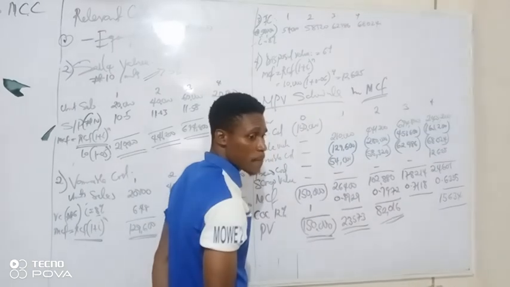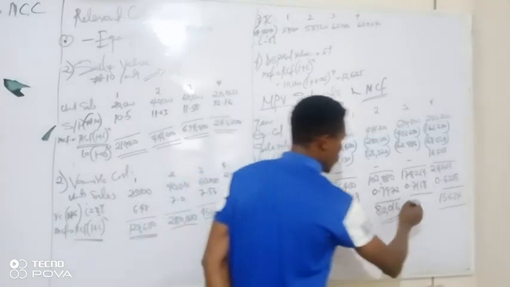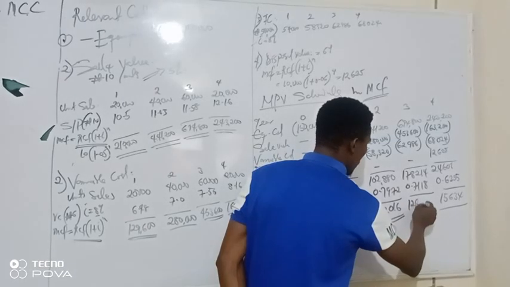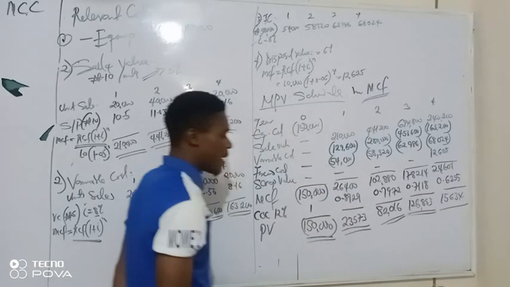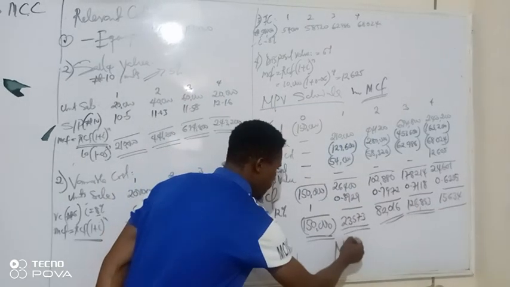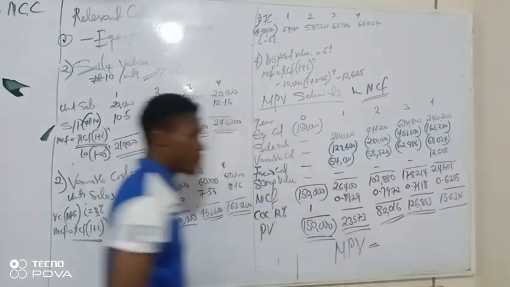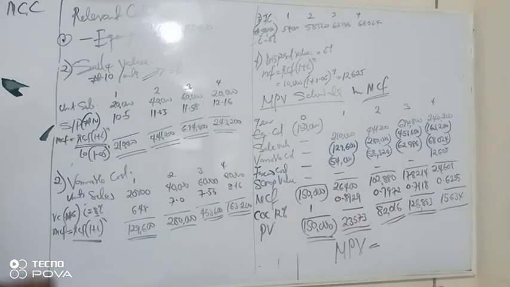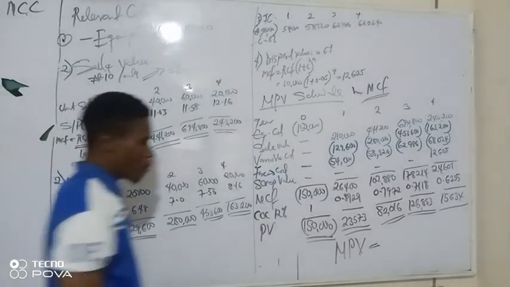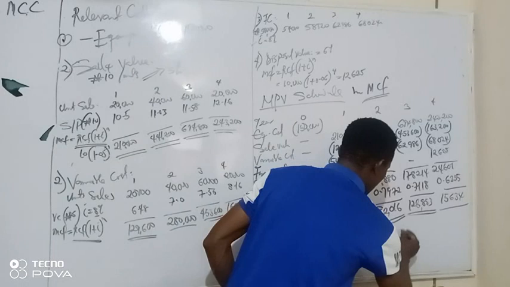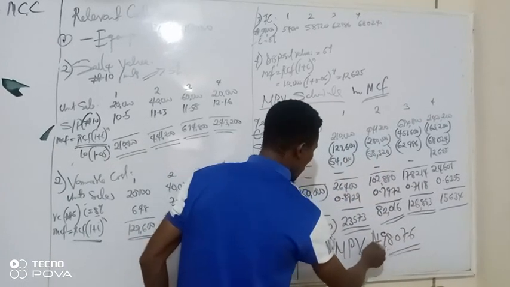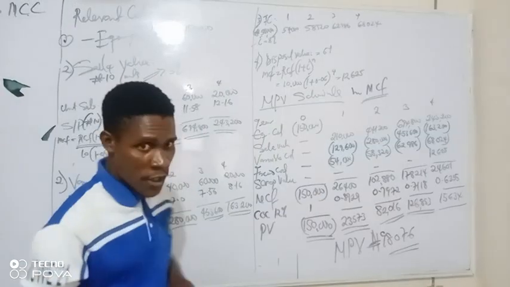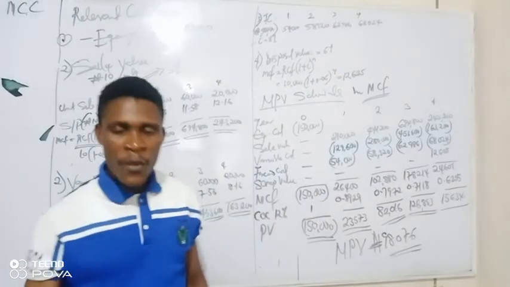Year 3 is 126,853. By the time we put them together, our NPV for the project is 98,076. Positive or negative? Positive. So that means we should accept the project. Since it's positive, we accept the project.